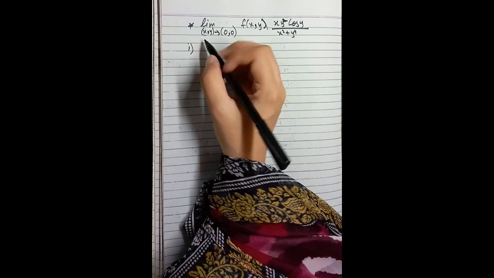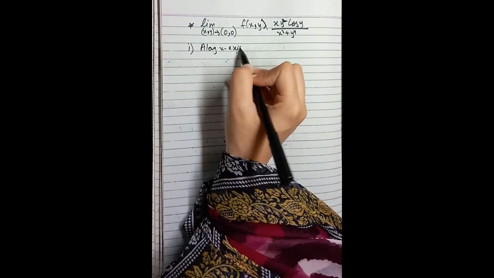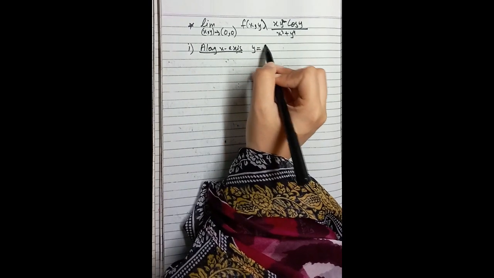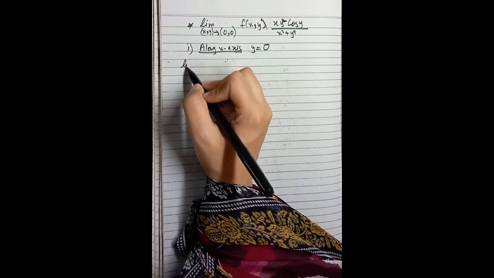Now we will solve it on the same pattern. Our first condition is along the x-axis. For this, our condition is y is 0. So now in place of y, we have to put 0.